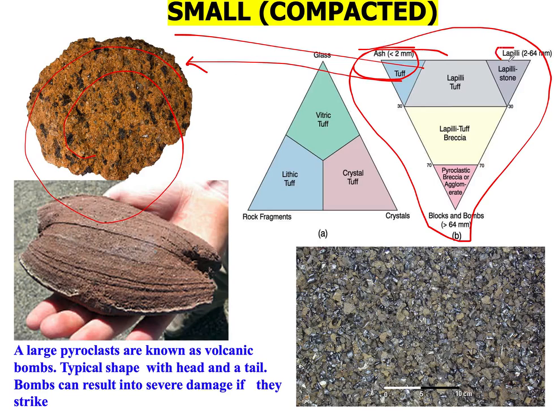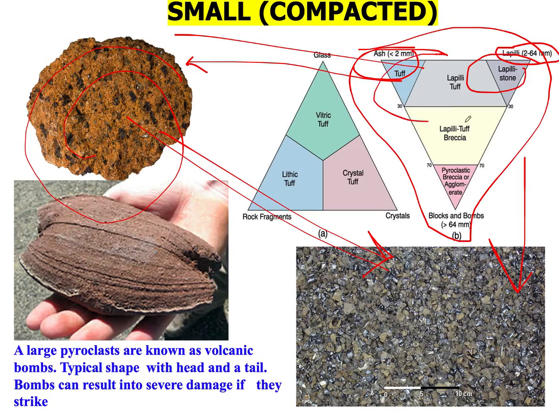Now when the lapilli is bigger in size relative to the ash, when they compact, they form lapilli stones. You can see this is a lapilli stone. You can see this is very fine grained, whereas this is a small, more or less bigger than this. And this is the complete ternary diagram, so you can imagine the percentage composition.